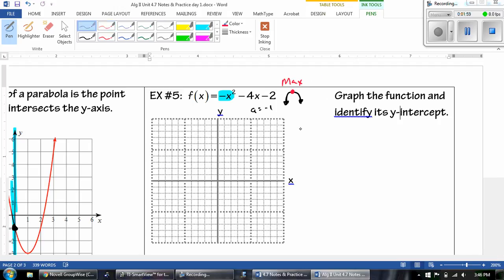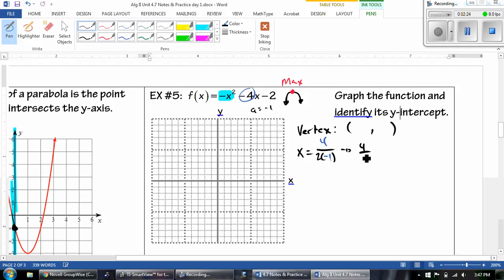So to find the vertex, once again, we take the opposite of b over 2a. So x equals the opposite of b, so it's a -4. Now when I plug it in, it's going to be positive 4 over 2, and a is -1. So on the top, we have 4. 2 times -1 is -2.